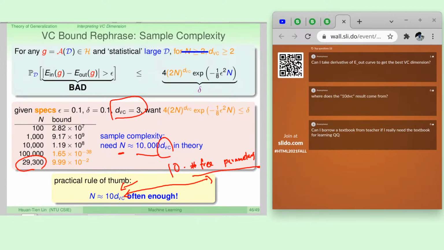Usually to take the derivative, you need to know the analytical form of the curve, while in practice you usually do not know that. So that curve is more conceptual than actual.